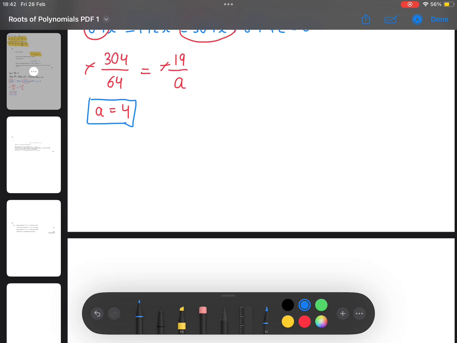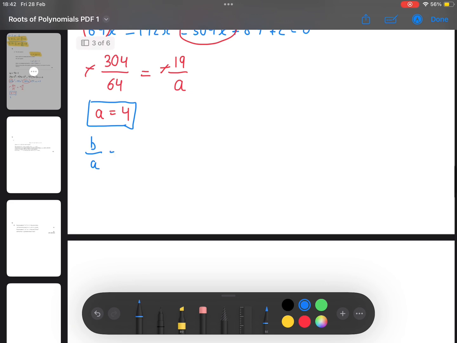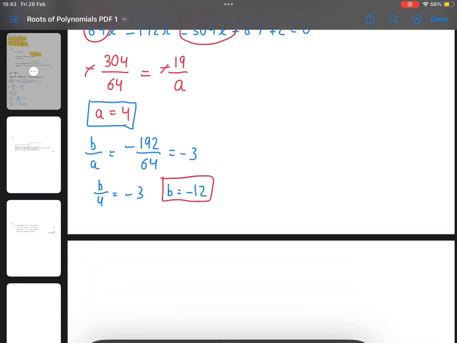So b over a equals minus 192 divided by 64, which is just minus 3. And a is 4, so we have b over 4 equals minus 3, so b equals minus 12. And that's the second value that we were after.